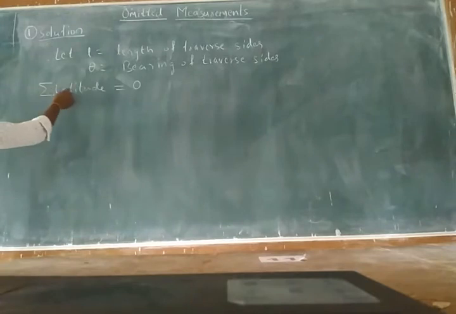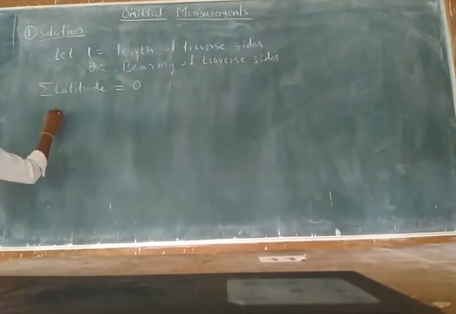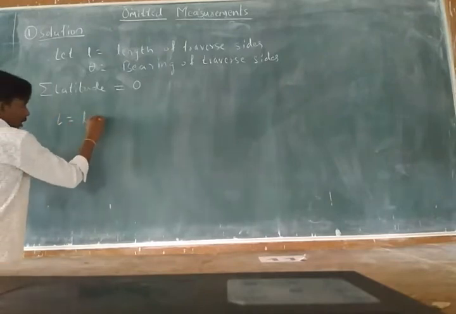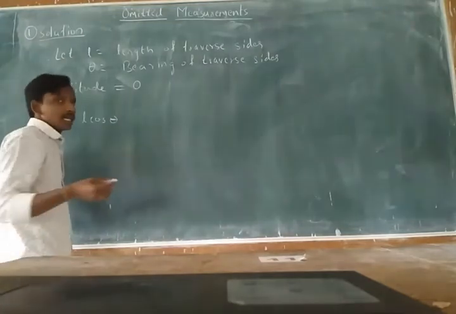Now let's take the summation of all the latitudes. Now we haven't calculated the latitudes and departures, so directly let's substitute the values in the latitude and departure formulas. So the latitude formula is L cos theta. So now we have AB, BC, CD, DE, EA.